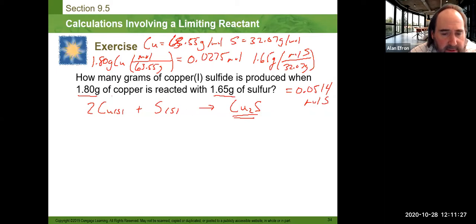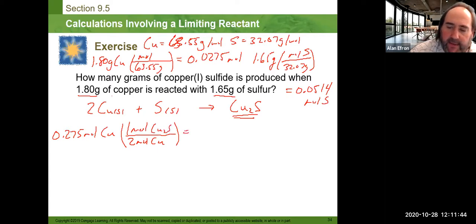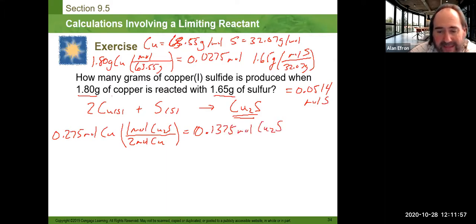If we started with our copper, we have 0.0275 moles of copper. The relationship between copper and our product is that for every 2 moles of copper, we get 1 mole of our product. That would get us 0.0275 divided by 2, 0.01375 moles of Cu2S.